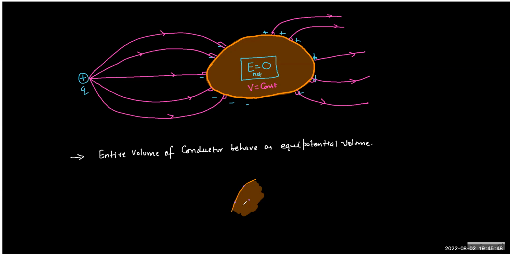So conductor has this very unique property that it will have equal potential for every point, whether you take a point on the surface or in the volume, it doesn't matter. So wherever the field is zero, the potential becomes a constant quantity throughout the space where the field is zero. That's a very unique property, and you will understand this very easily when you come across the concept of potential.